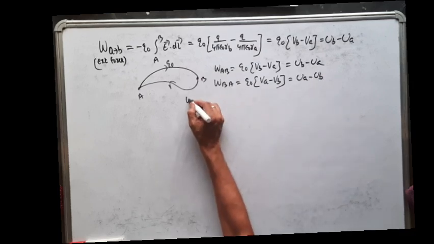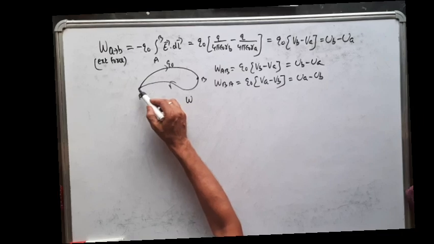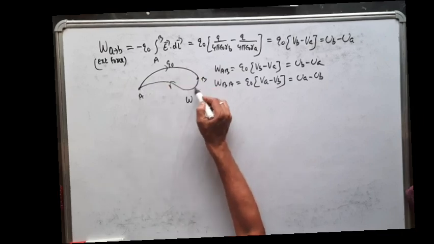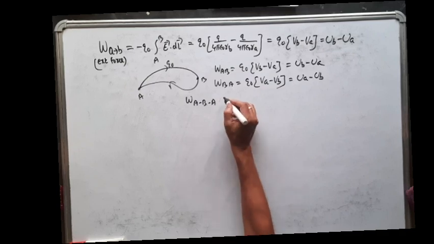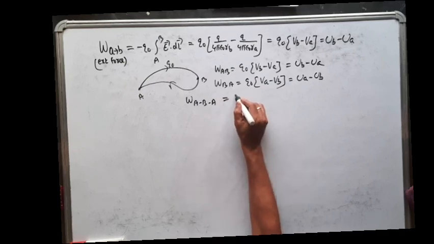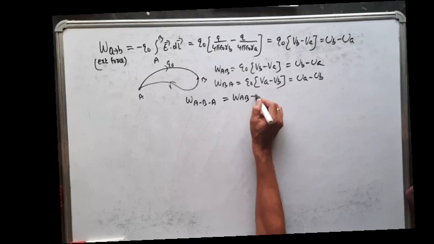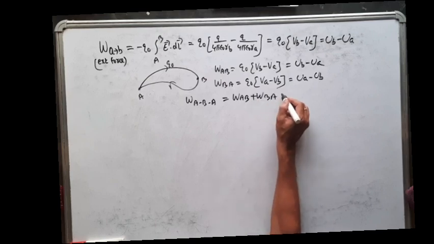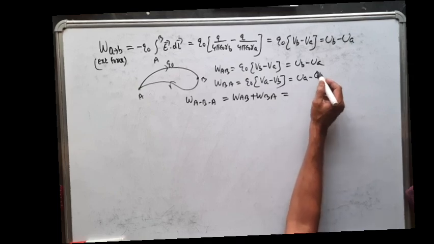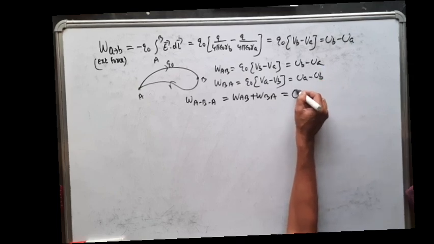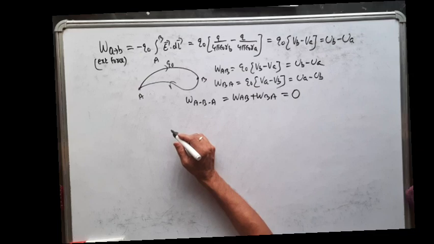Then what is the work done if I take the q naught charge from A to B, and again from B to A? The work done is WA to B plus WB to A, which implies UB minus UA plus UA minus UB. Just add this and you will get 0. So what is the conclusion?